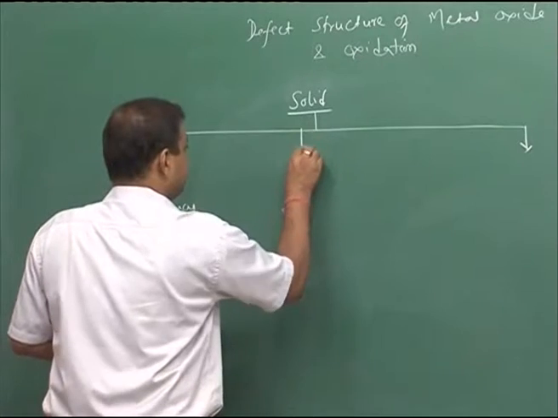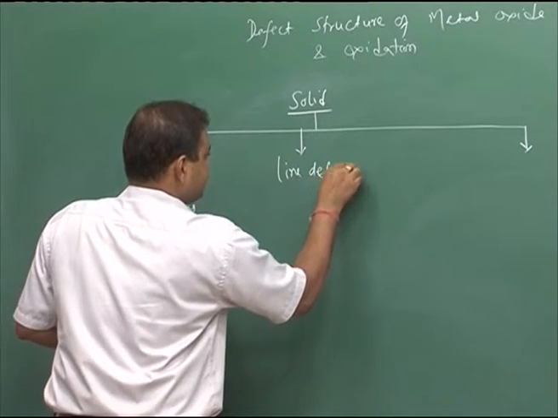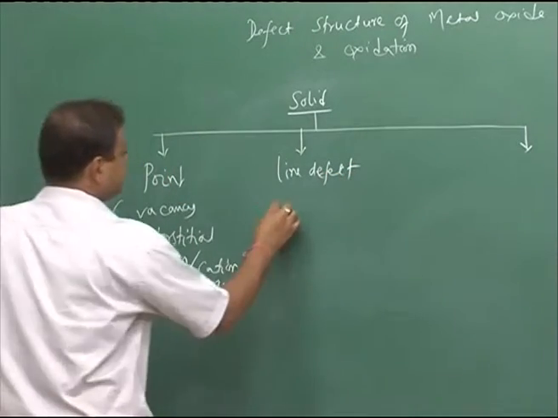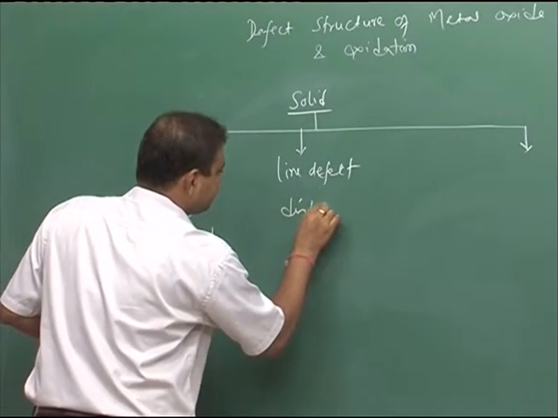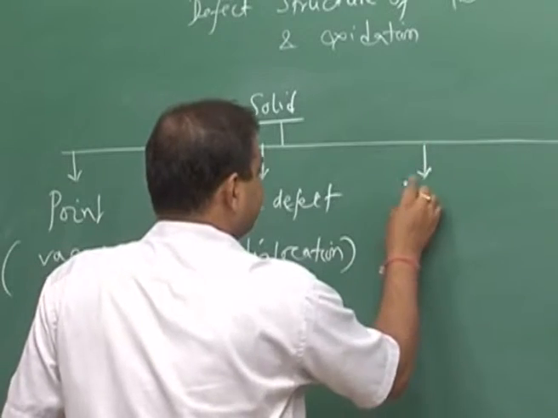Then we have line defect. One example of line defect is dislocation. Then we have surface defect.